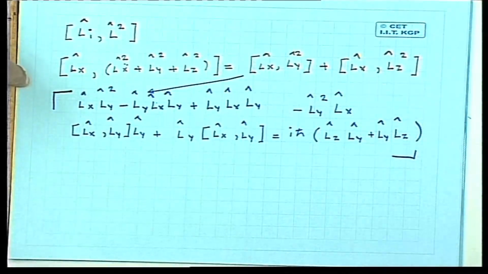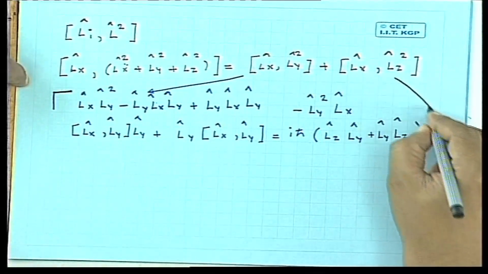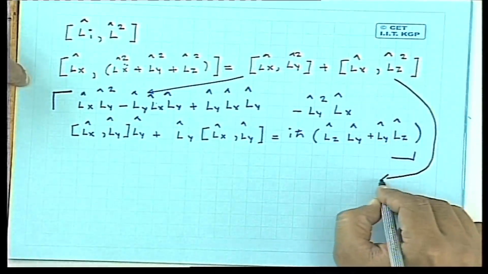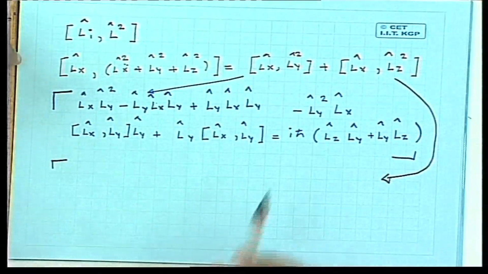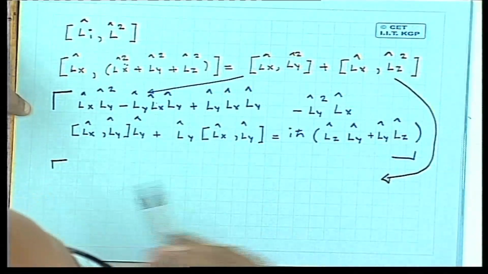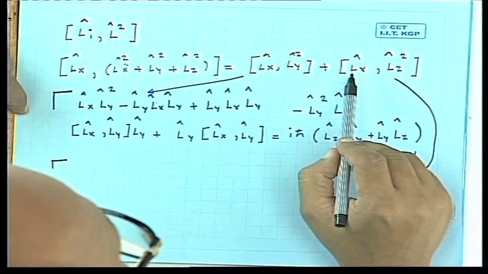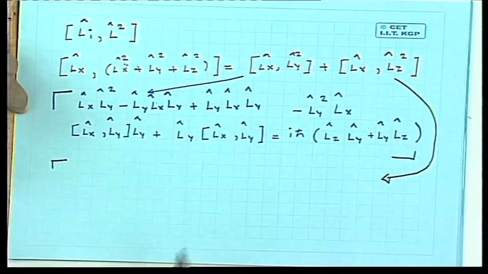We have another term. Let us evaluate the second term. So, the second term can be written in a similar way. The second term is the commutator of Lx with Lz.